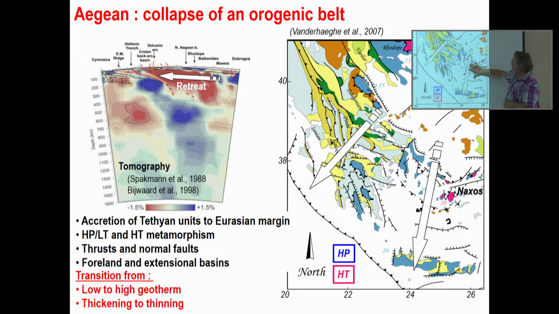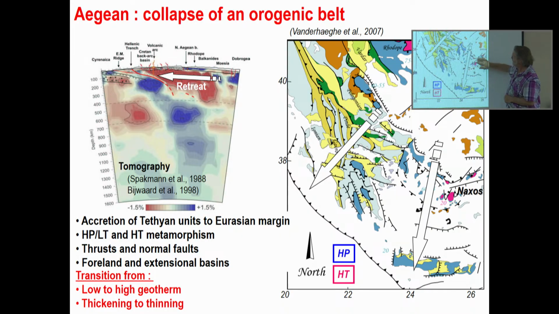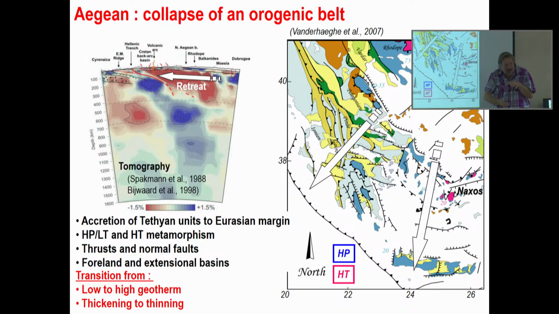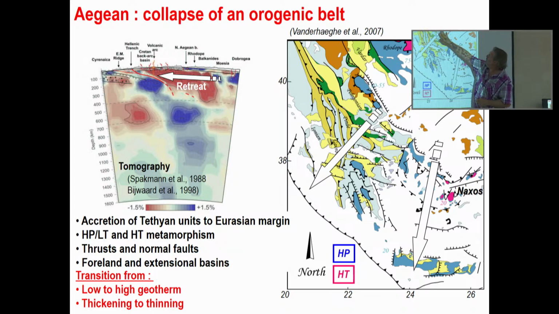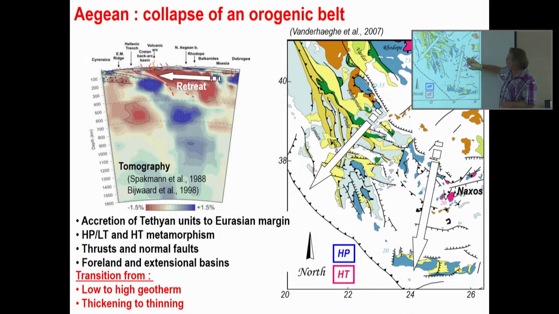In the Aegean, what dominates is the high pressure, but there are some high temperature rocks that are exhumed from place to place. For example, here in Naxos, we're going to detail that tomorrow. And there the timing is 60, 55 million years for the high pressure, 20 to 30 for the high temperature.